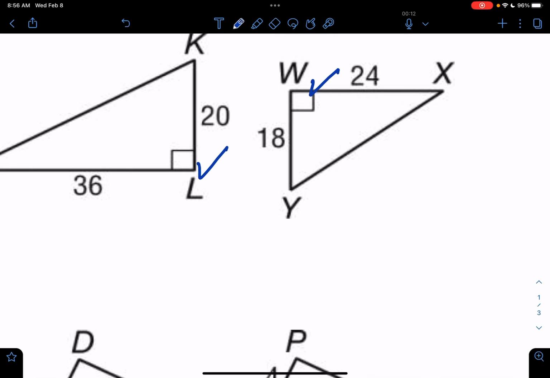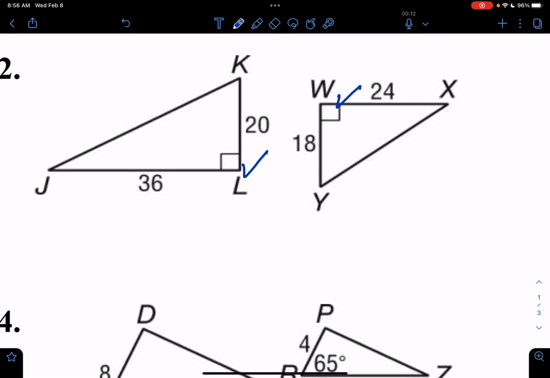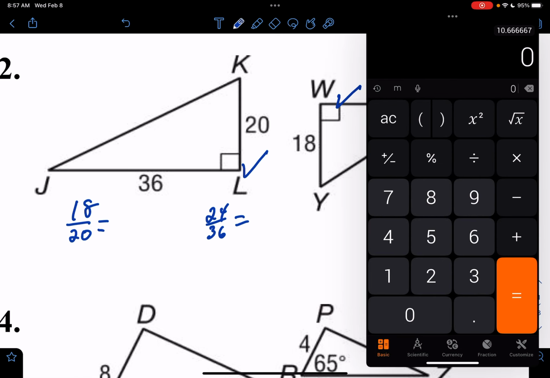Now let's check the sides. And again, order matters, so pay attention to the sides. Look at the 18 and the 24. Which one is the short? That's the short. Which one is the long? That's the long. And this is the short and that is the long. So I'm going to say 18 is to 20, like 24 is to 36. Let me see if this holds. If I put this in the calculator and I get the same number, then I will say these two triangles are similar.